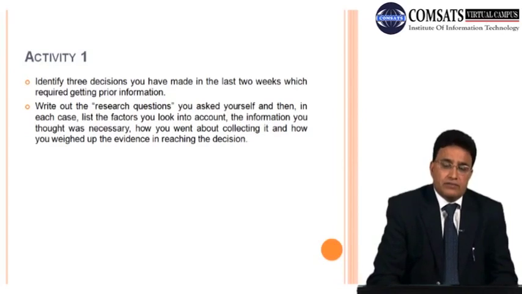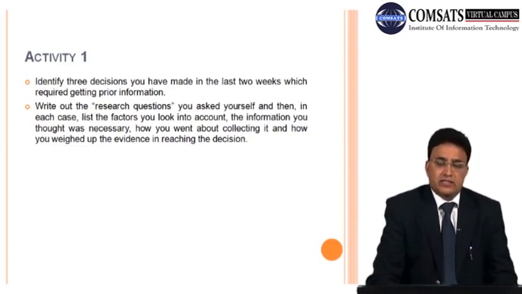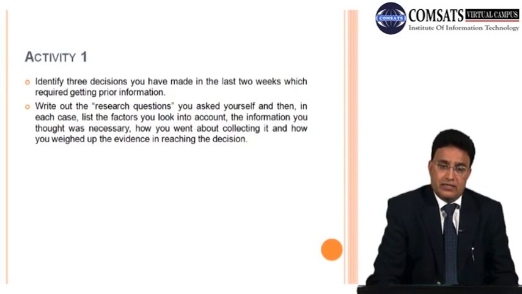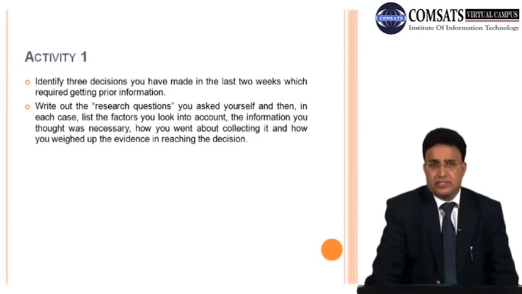Then write out the research questions you asked yourself, and then in each case list the factors you took into account, the information you thought was necessary, how you went about collecting it, and how you weighed up the evidence in reaching the decision. You have 5 minutes to complete this activity.